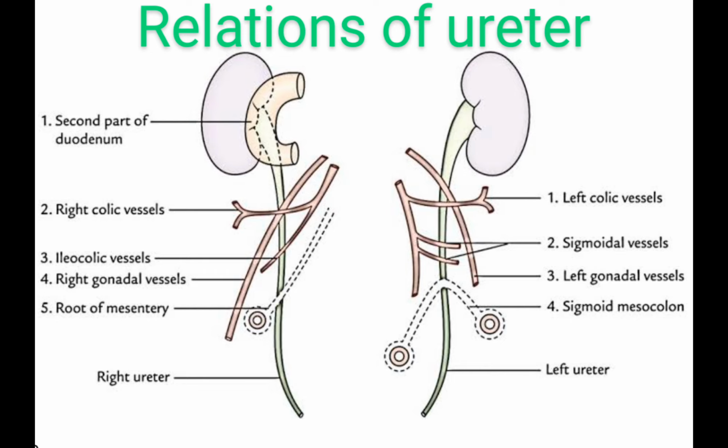Then coming to the blood supply. The blood supply is not that well defined, so it gets its supply from the surrounding vessels, that is from the renal vessels, then from the gonadal vessels, then from the common iliac and internal iliac, which run in this region.